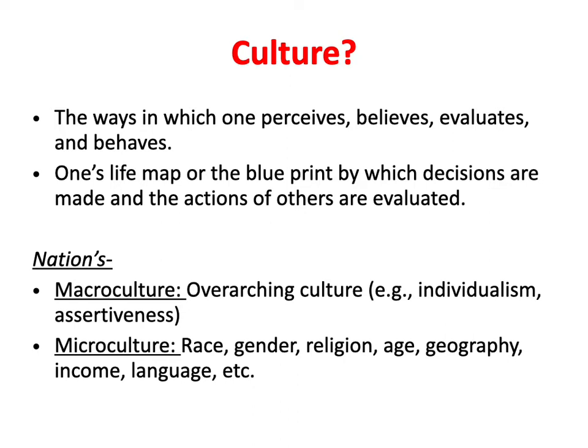You may not agree though, right? But within the nation, there are several microcultures as well. The microculture is developed by race, gender, religion, age, geographical area, income, language, so many different factors. So people in a nation live with their personal culture, microculture, and national culture, the macroculture.